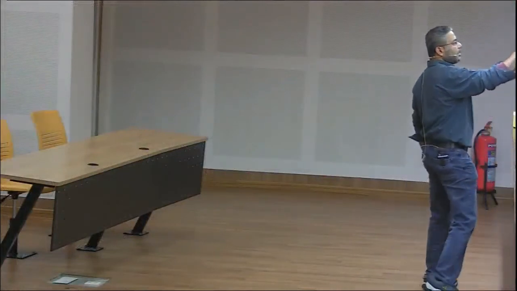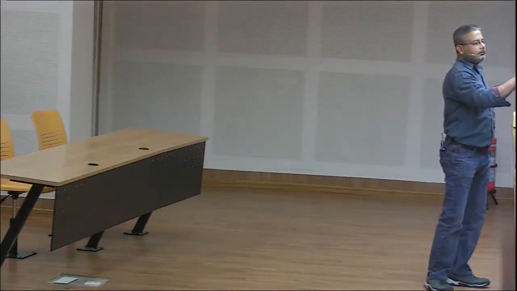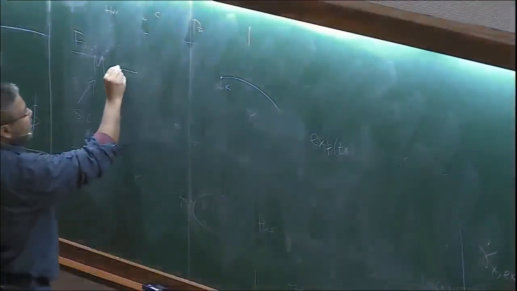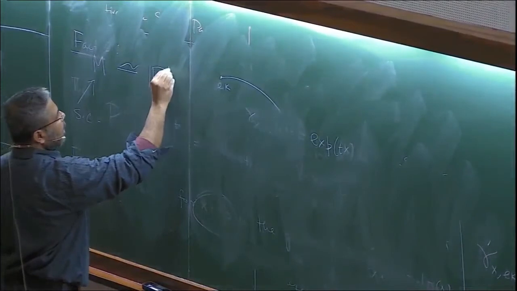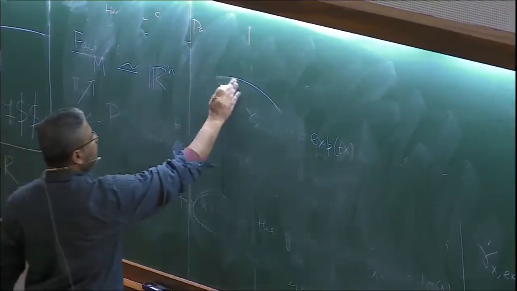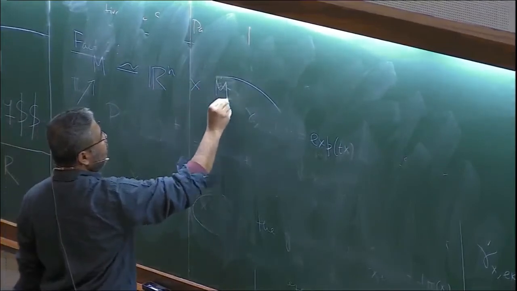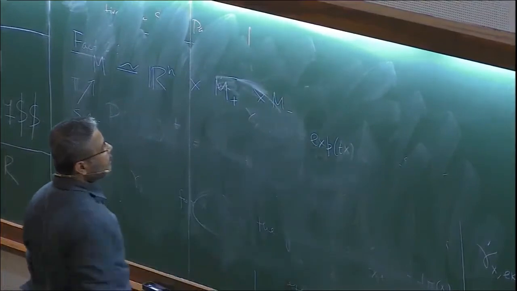If I start with a simply connected symmetric space, it is isometric to a product of R^n with the flat metric, M plus, and M minus.